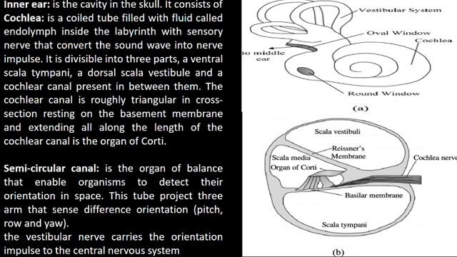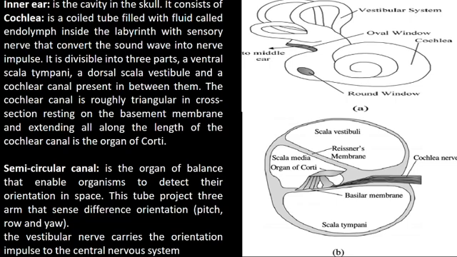Then that vibration will continue through the three ossicles, where it will be transferred into our cochlea. So the fluid inside the cochlea will vibrate and collide with the organ of Corti, where it is picked up. The organ of Corti will convert the vibration into what we call nerve impulse, where it will be interpreted in our brain.